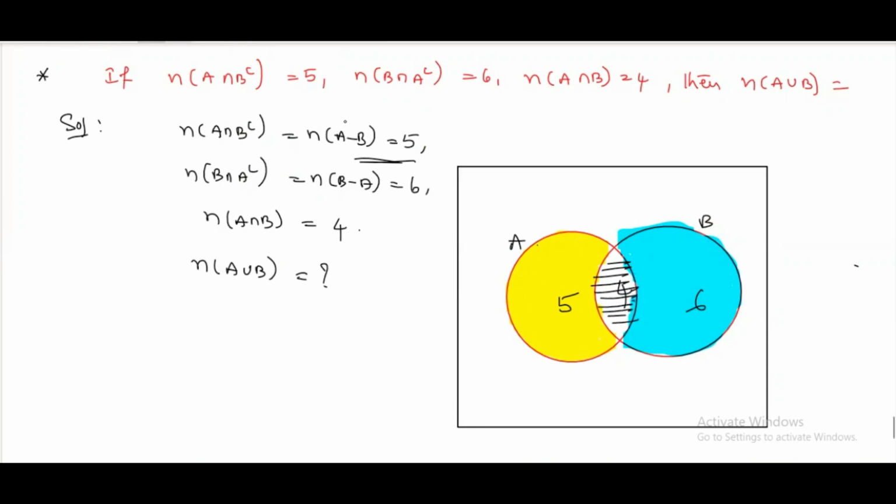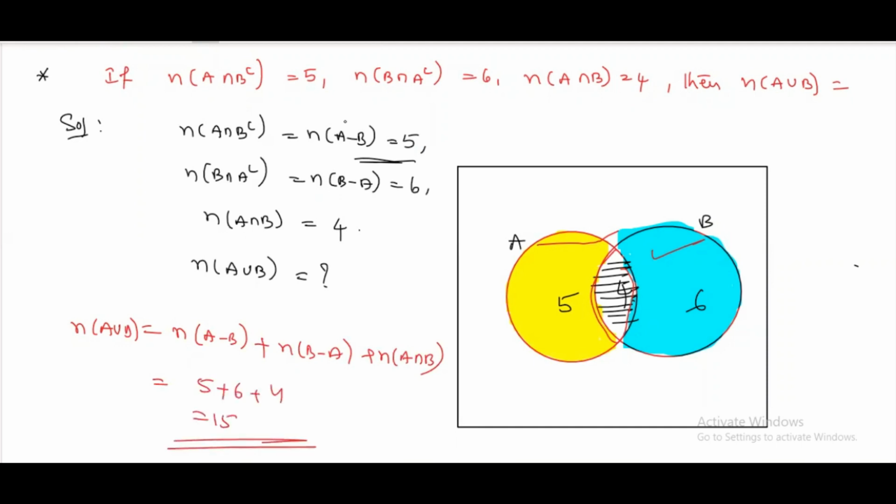So A union B is nothing but this yellow color, this blue color, and this A intersection B, right? So n(A union B) is n(A minus B) plus n(B minus A) plus n(A intersection B). So diagrammatically we understood easily. So 5 plus 6 plus 4, which is 15. So this is the way we will find the values of all these.